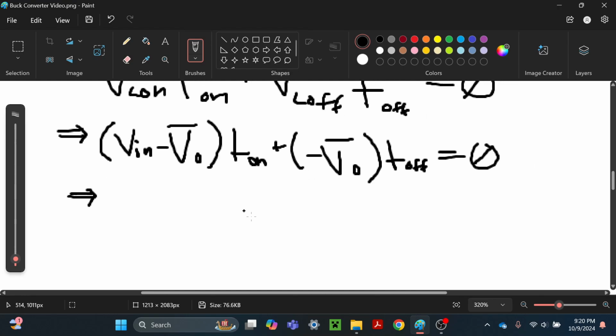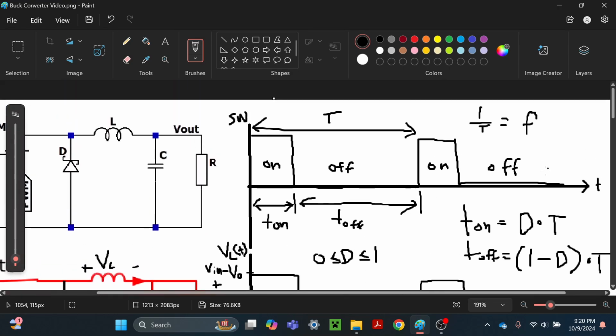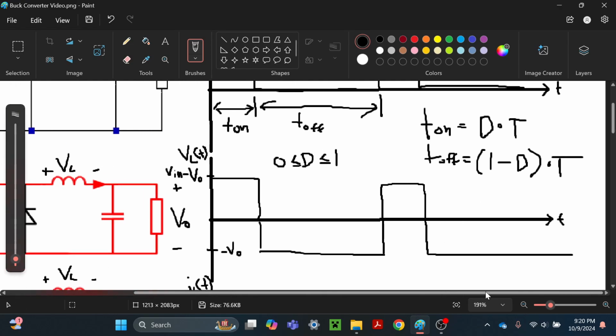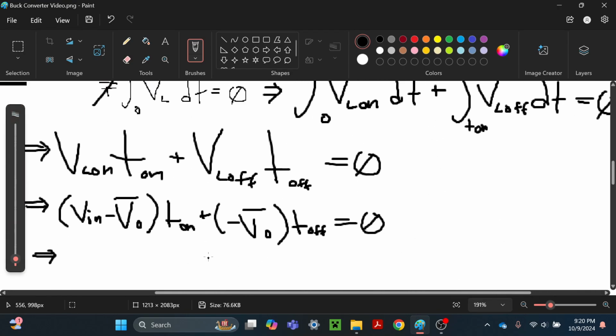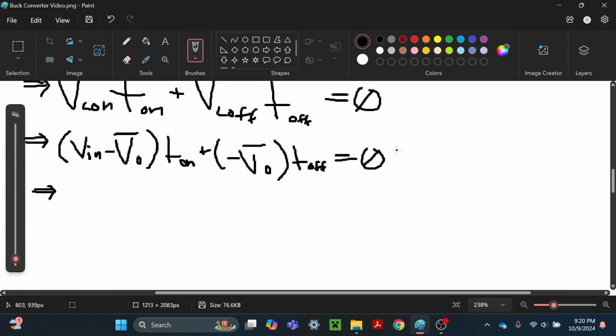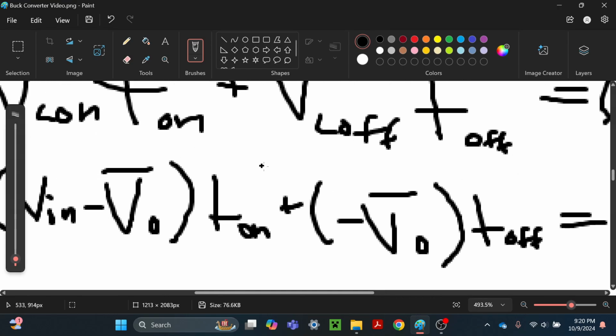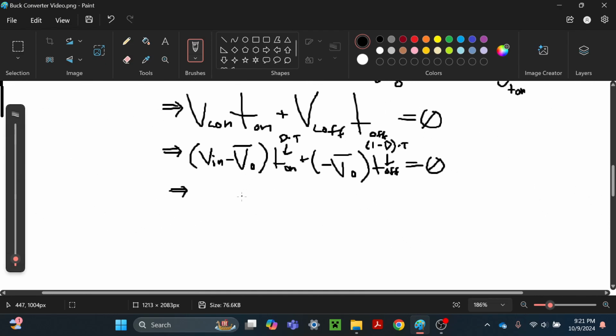So T on, remember, and T off are equal to D times T, and T off is equal to 1 minus D times T, capital T. So if we plug those in here, and 1 minus, then we ultimately get this.